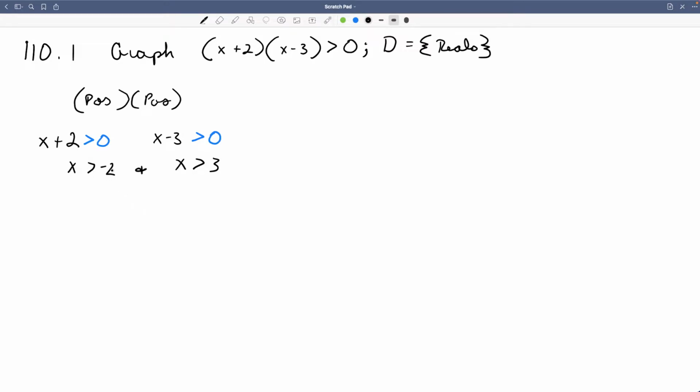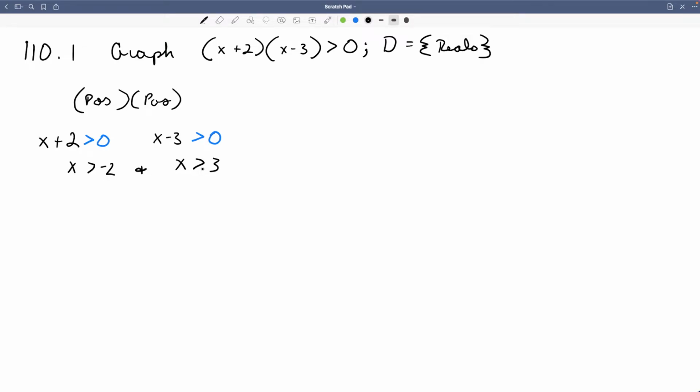If x is greater than negative 2, then it's also greater than a positive 3, right? Let's say x is a positive 4, is it greater than a negative 2? Yes. But let's say it's a positive 1, positive 1 is greater than negative 2.